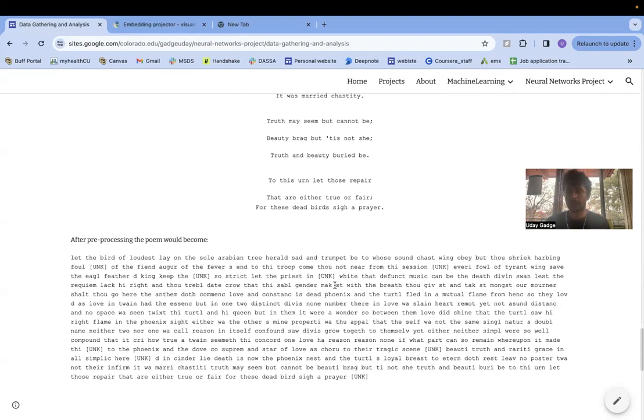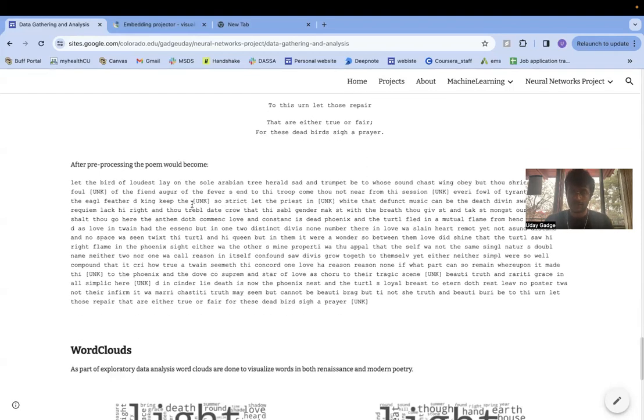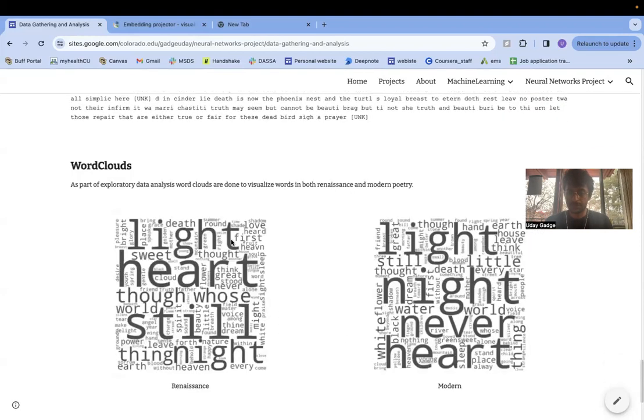So only the top 15,000 recurring words are kept as the vocabulary, and every other word that is outside this is just given an unknown tag. And this is what the text looks like after pre-processing.